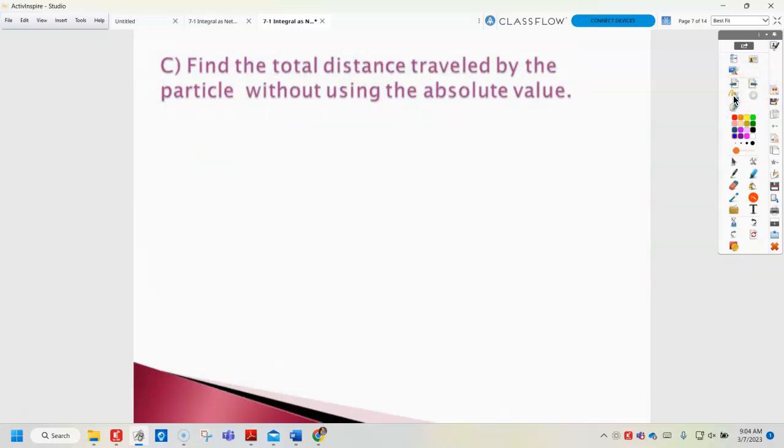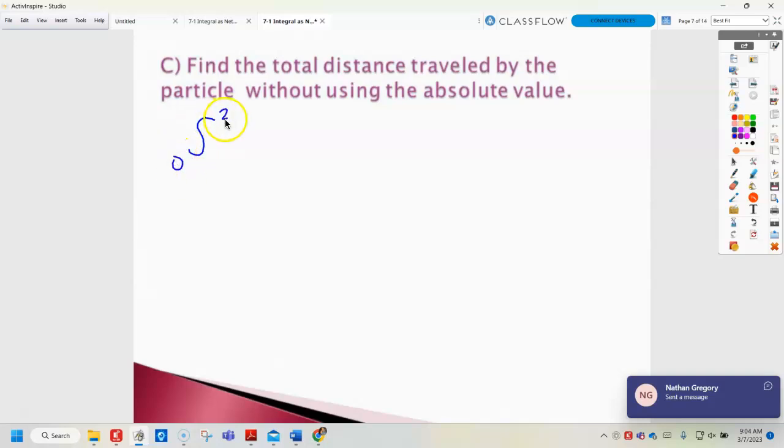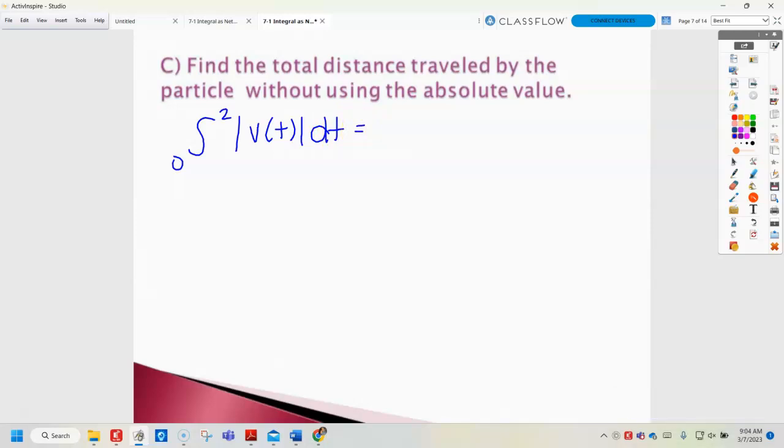So then this one says find the total distance. So total distance is the absolute value of velocity. If I wanted to find the total distance, you're talking about the integral from 0 to 2 of the absolute value of velocity. But the only way to get absolute value of velocity is to know where the particle changes direction. So if the particle is moving to the right, which it was doing from 0 to 1, we add it.